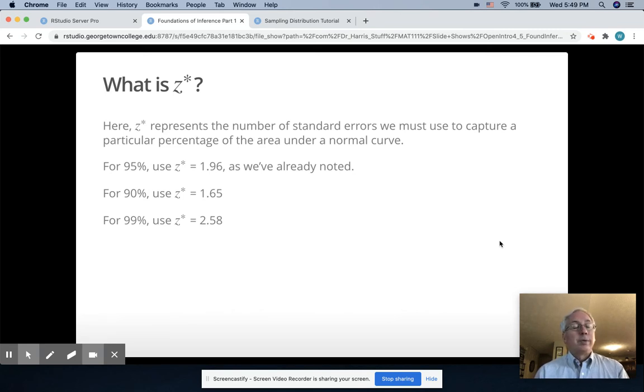We know from what we've discussed earlier that when we're talking about 95%, 1.96 standard errors, either direction will capture the middle 95%. For 90%, we'll use a smaller multiplier. We'll get a narrower interval that way. 1.65 is the value for z star that's used. That's what captures the middle 90% underneath the normal curve. For 99%, z star is going to be 2.58.